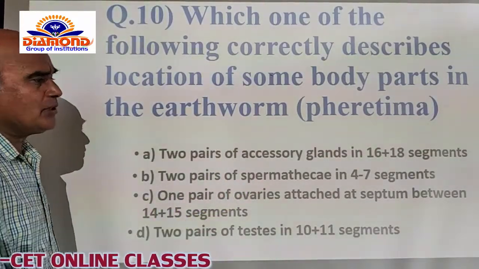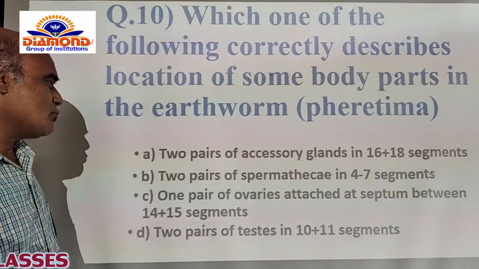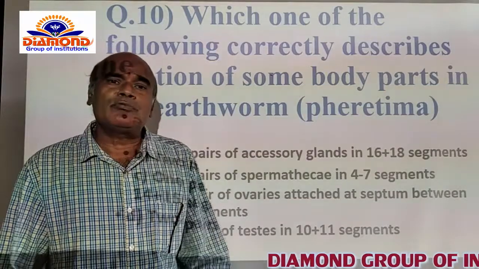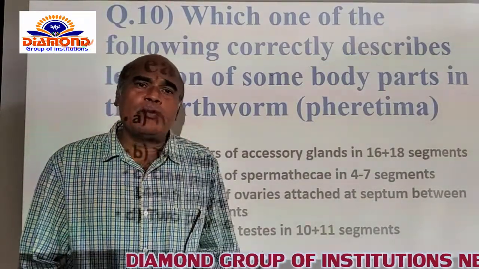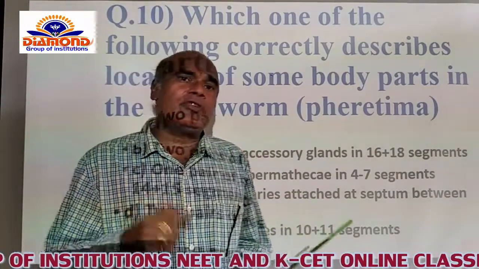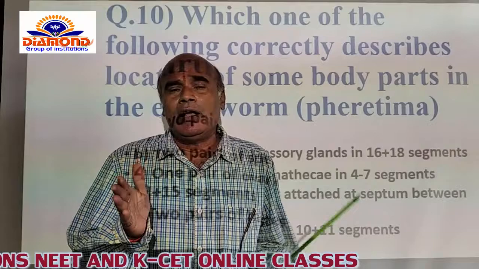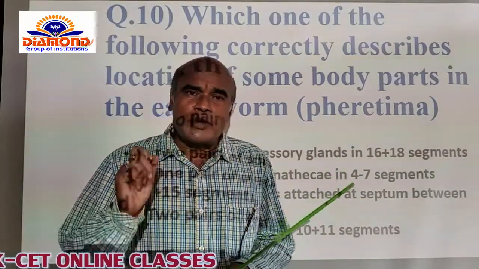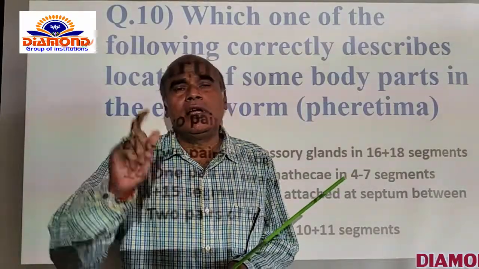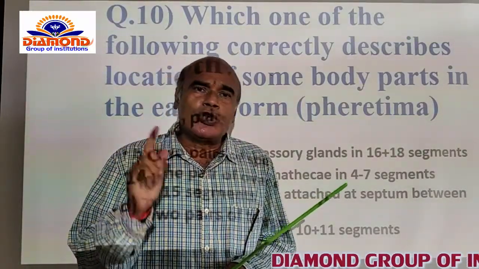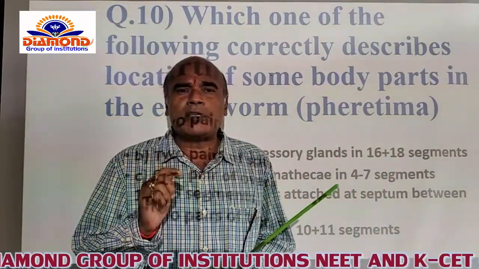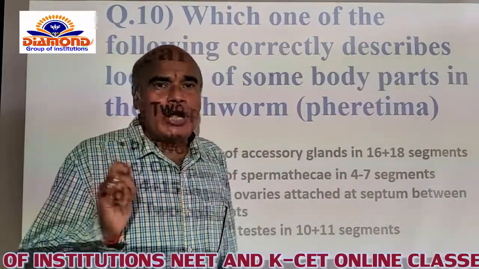B, two pairs of spermathecae in the 6th to 9th segments. What I said, four pairs of spermathecae are present in each earthworm, and they are present between the septa of the segments. The first pair is present between the 5th and 6th, the second between the 6th and 7th, the third between the 7th and 8th, and finally the fourth pair between the 8th and 9th segments.